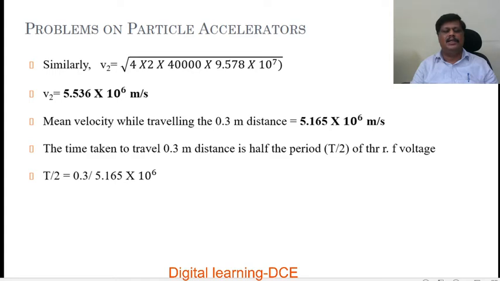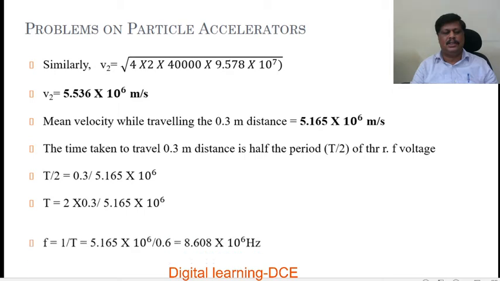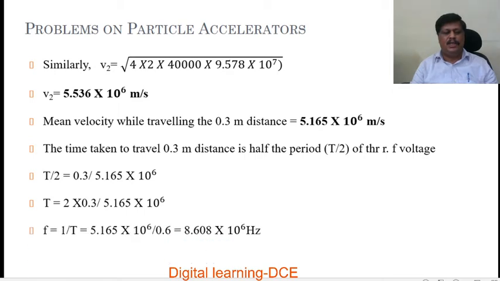So time taken is equal to distance travelled over velocity, that is average velocity. So distance travelled is 0.3 meter, the average velocity is 5.165 into 10 power 6. Cross multiply, we get T is equal to 2 into 0.3 divided by 5.165 into 10 power 6. After simplification, we know that f is equal to 1 by T.